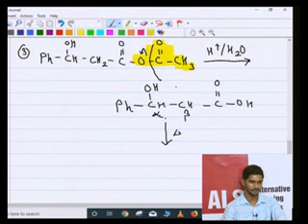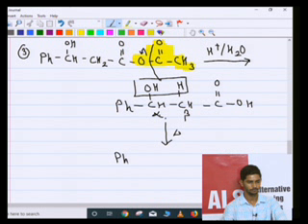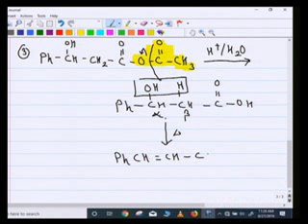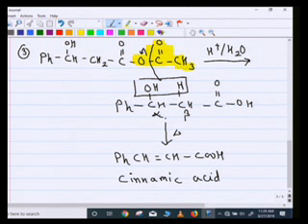In this manner, this H and this OH will be released from here and you will get PhCH=CHCOOH. This compound is known as cinnamic acid. Guys, note it down.